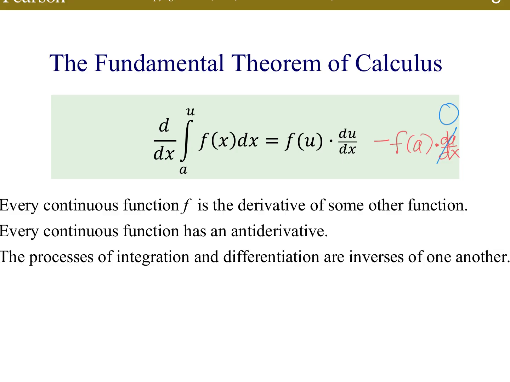It's only true if a is a constant number here. So typically in calculus, u's and v's are not constants. U's and v's typically represent something that's changing, a variable, whereas a's and b's and c's tend to be constant values.